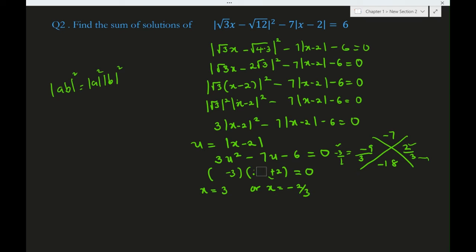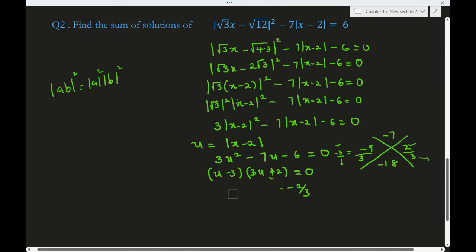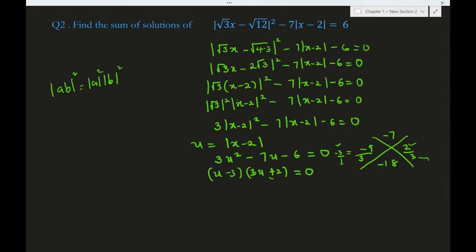We should have u here, because the quadratic is in u. So everything here should be about u, and here also should be 3u plus 2. Now, the solutions we have are not the solutions for x yet, but the solutions for u. So u equals 3, or u equals minus 2 over 3.